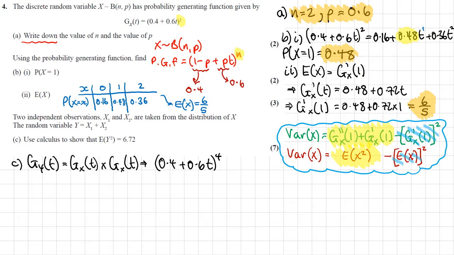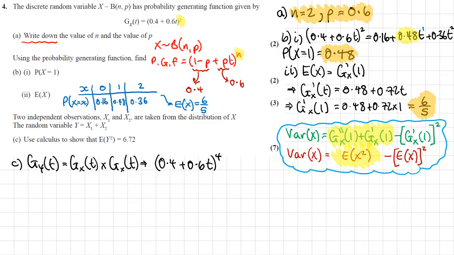I'll take that off in a minute. But the bit I'm interested in is the first bit, so E(X²) matches up with this. I want E(Y²), so I'm going to have to differentiate once and twice, substitute 1 in, and when I add those two together, that matches up with E(Y²).